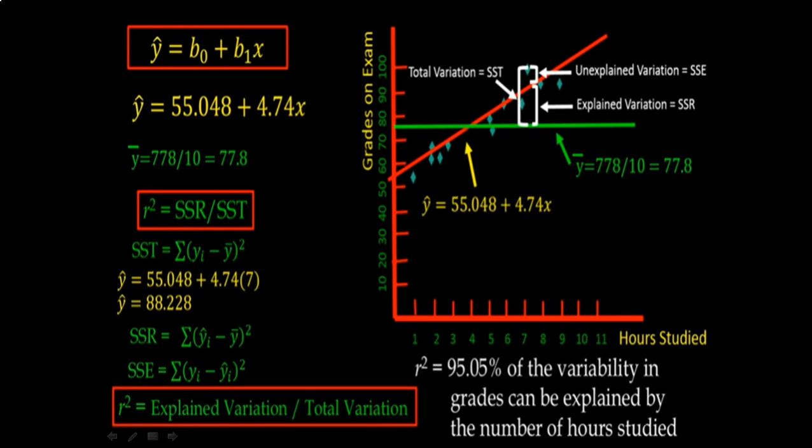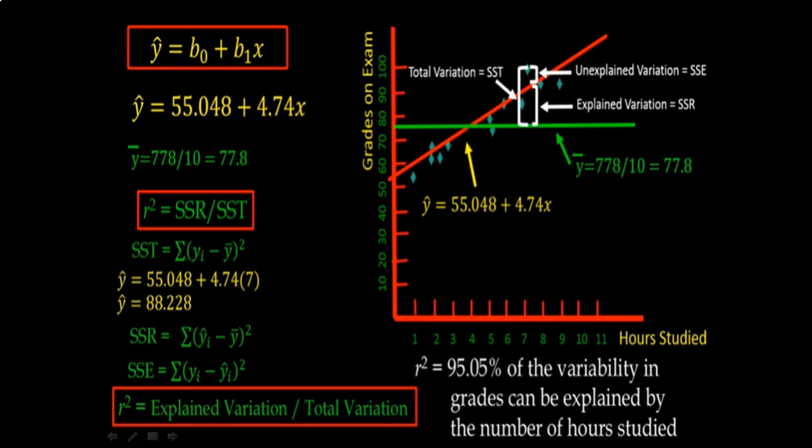Y hat, we find it by the first table, by finding y bar and x bar and the deviation between them, and finding b, which is equal to the summation of xi minus x bar times yi minus y bar over the summation of xi minus x bar squared. And we find R square, which is equal to SSR over SST.